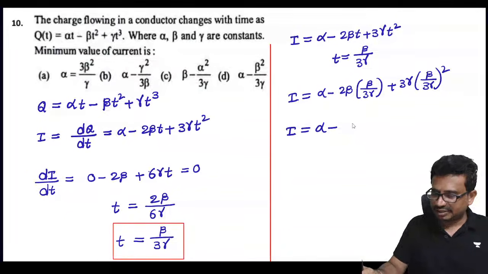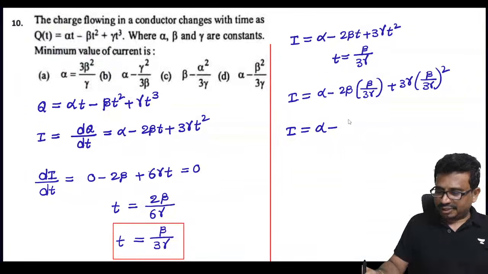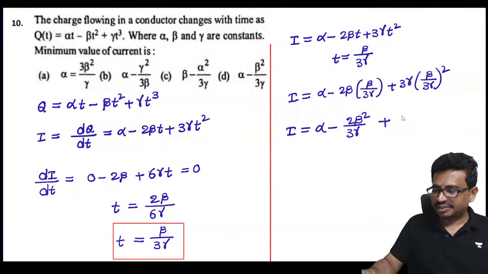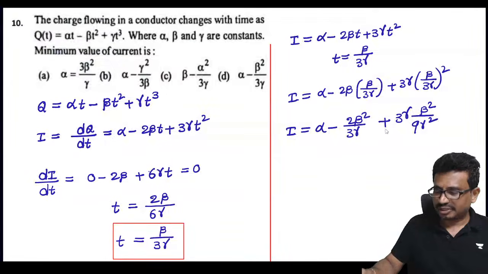Alpha minus 2 beta square by 3 gamma plus 3 gamma into beta square by 9 gamma square. So gamma, gamma cancel, 3 threes.